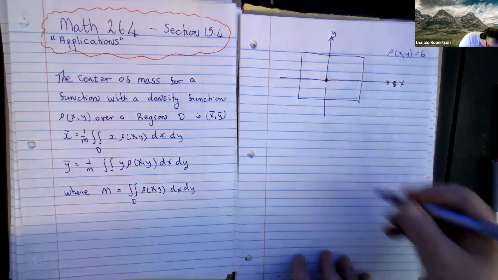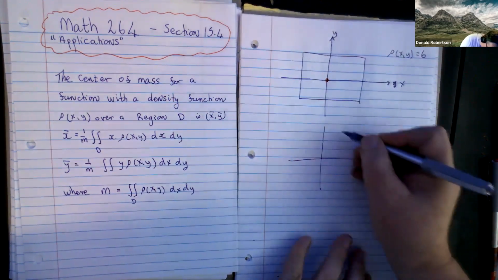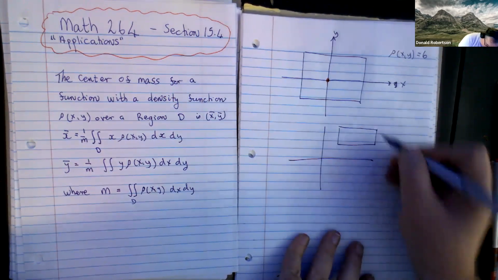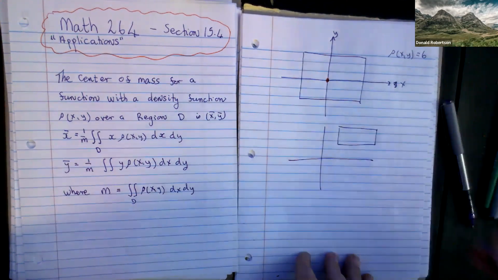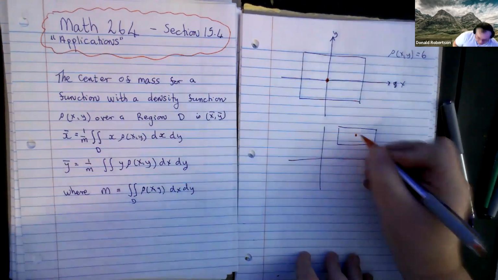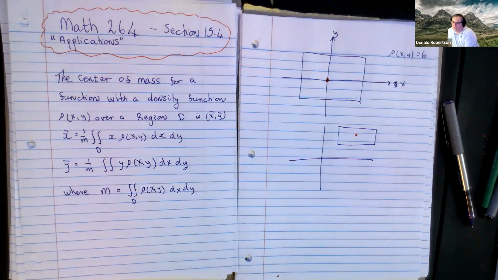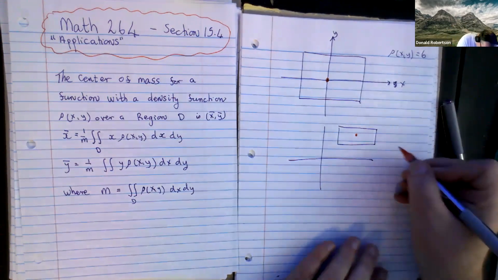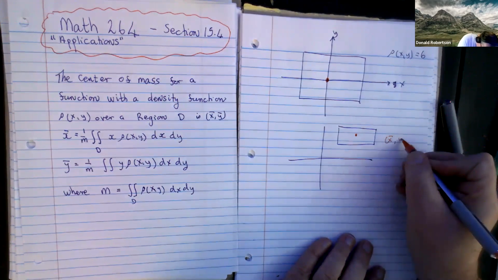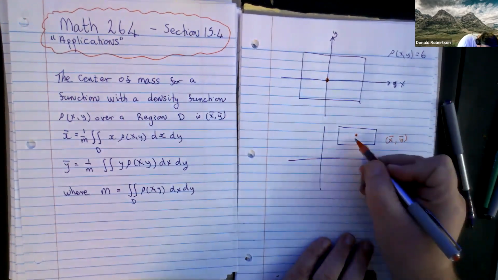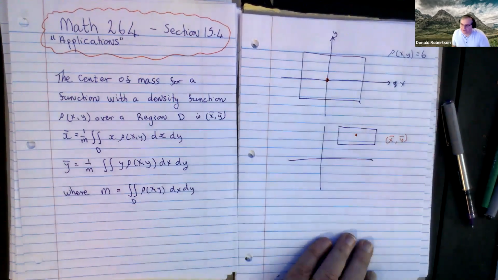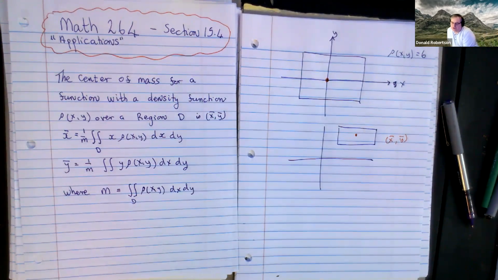Now, if your shape happened to be, say, off center, as a rough guesstimate, wouldn't there be the center of mass? And we use the notation x bar, y bar to represent the x and y coordinates of the center of mass. So when you're finished, your answer is going to be the center of mass is 5, 4. The center of mass is pi upon 2, 0. You're going to tell me coordinates.